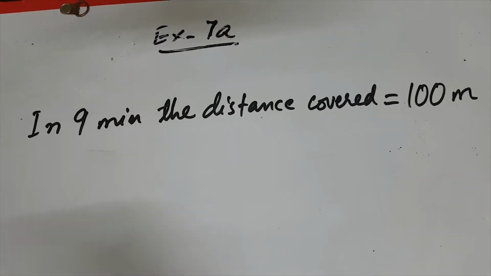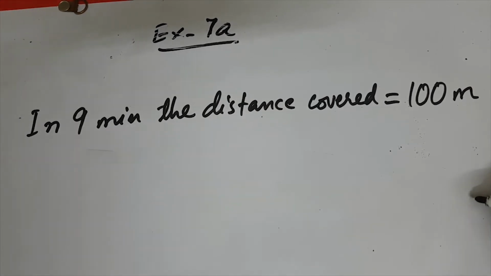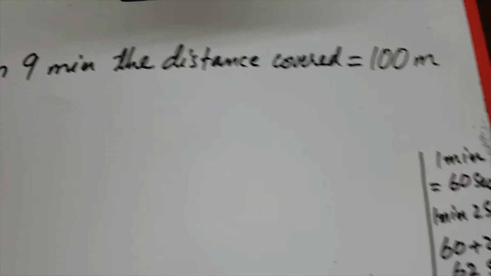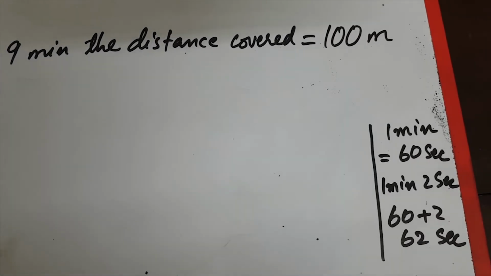Now do the rough work if you want to convert. 1 minute equals 60 seconds and in total you have 1 minute and 2 seconds. So total seconds are 60 plus 2 gives you 62 seconds. This is the conversion of minutes into seconds.